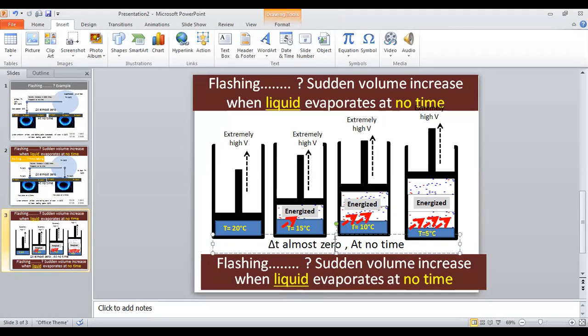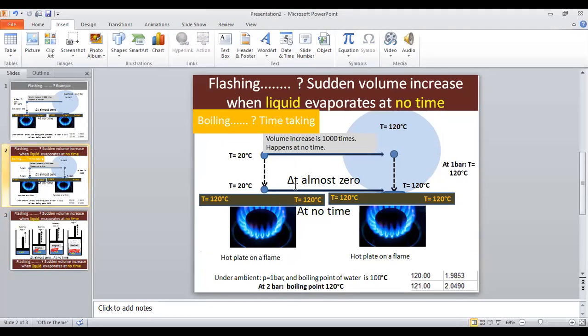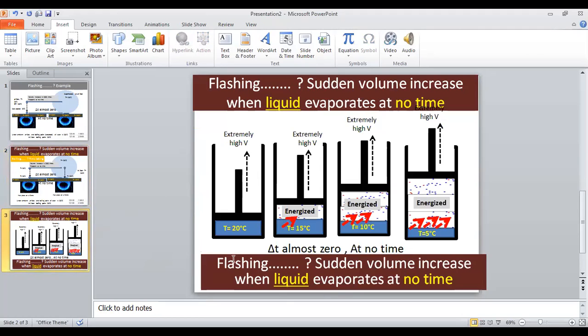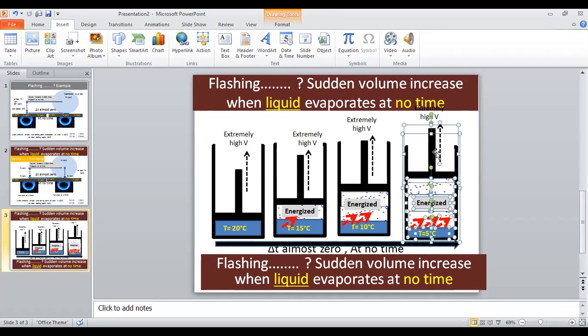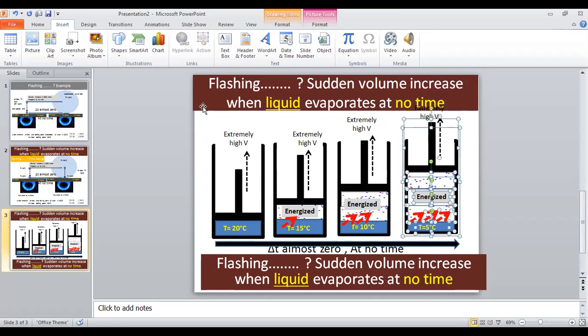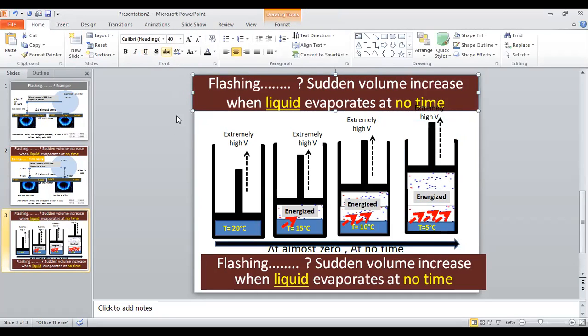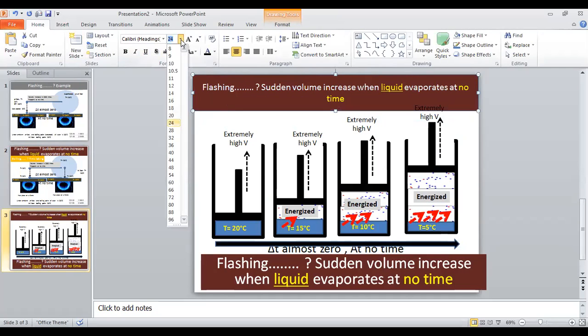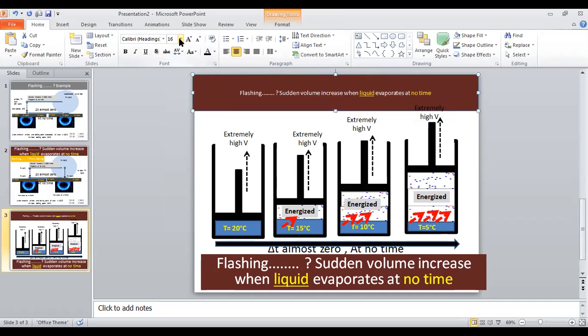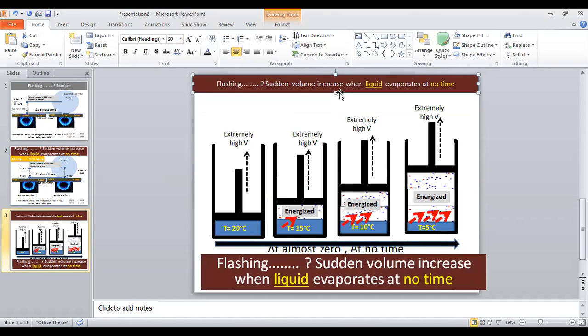Almost zero, at no time. Quite interesting.